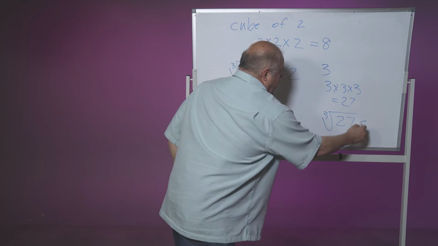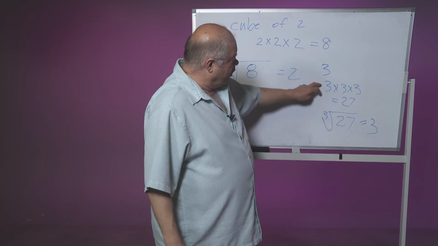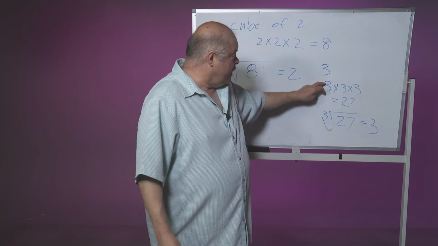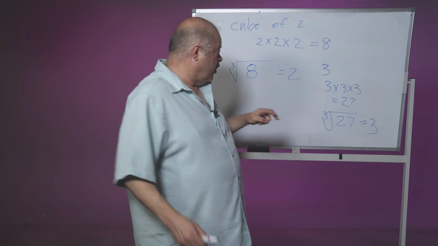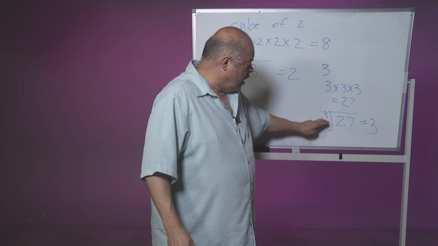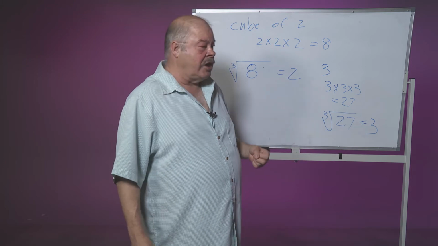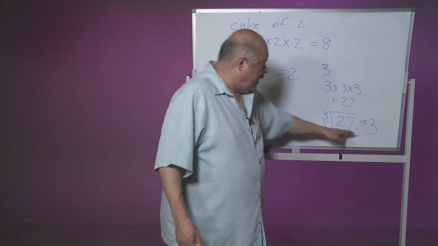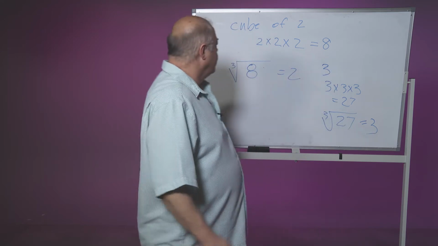And that would be the answer 3. So do you see how that works? The cube of 3 is 3 times 3 times 3, which is 27. The cube root of 27 is what number times itself is 27. And that's 3.